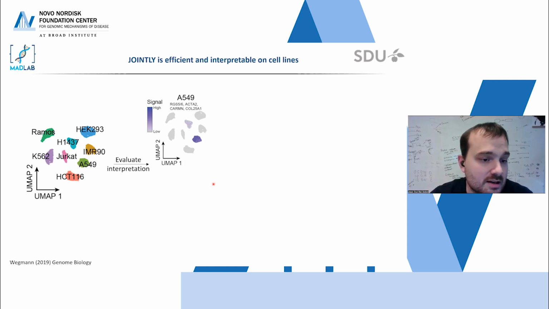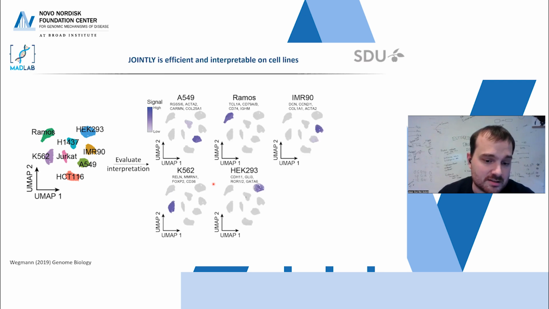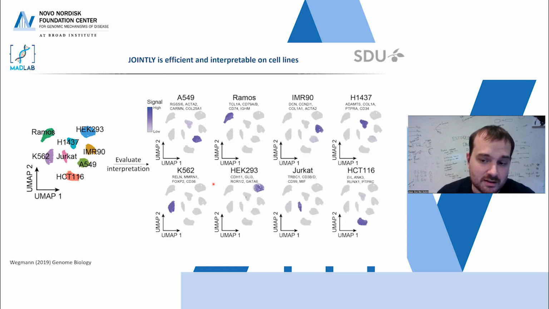And we can also see that the genes associated to this factor are genes related to epithelial cells or epithelial cell identity. And if we look across additional factors, we can see that jointly is actually discovering gene programs that are highly cell type specific.